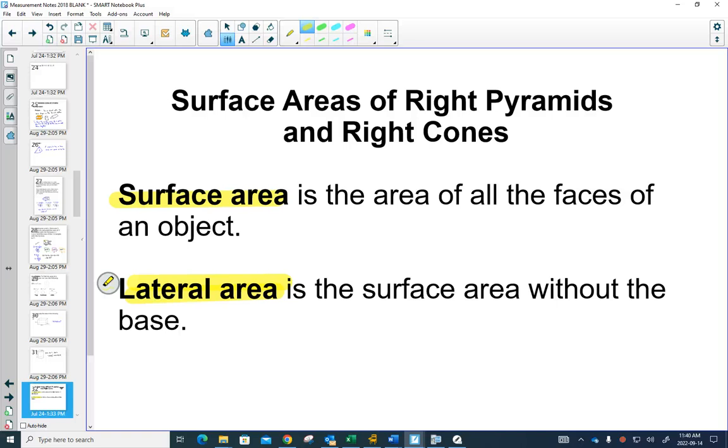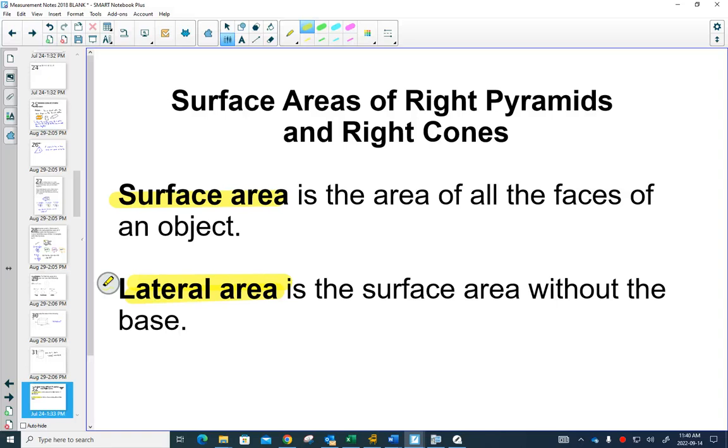Why do we have a difference, right? Maybe you get a summer job, you have to go to Egypt and paint pyramids. You have to figure out how much paint you're going to buy. Those pyramids are big. You're going to have to buy a lot of paint, okay? Do you have to paint the surface area or you have to paint the lateral area? Right? They say paint the pyramids, all sides. How are they going to find out?